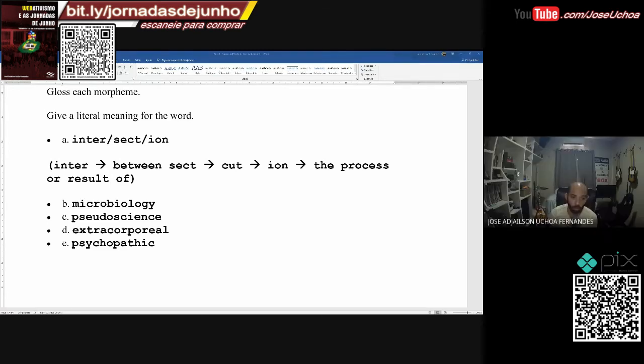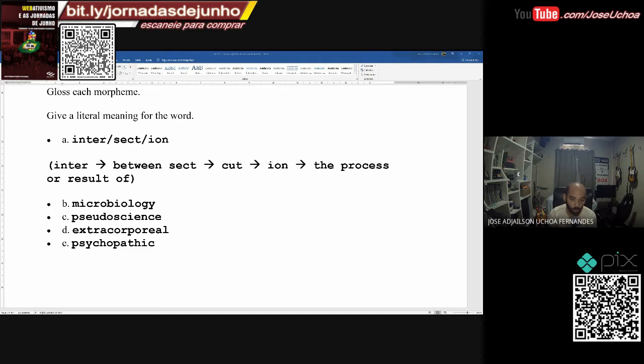So today we are going to finish the list, and I hope by today we finish the morphology section of the course. I'll be leaving you a list of exercises in SIGA on morphology so that you can review all the contents.